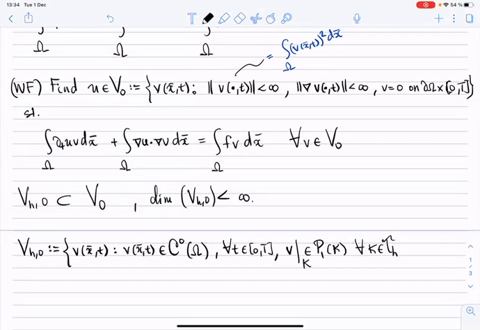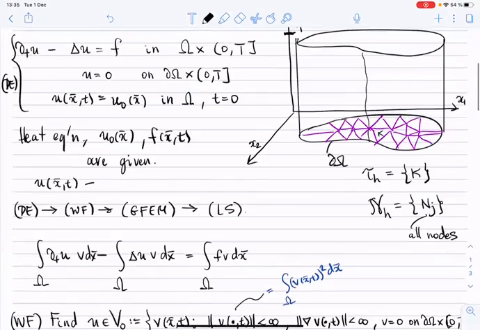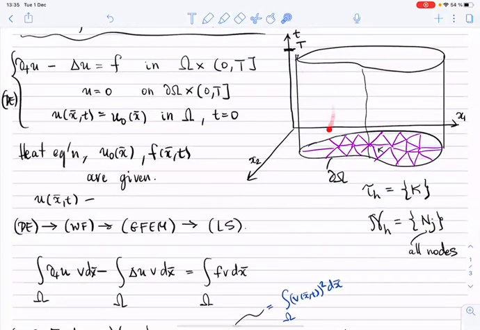And the boundary condition is that v(x,t) is equal to 0 on the boundary of omega times (0,T), the cylinder of this domain that we are constructing in this picture.